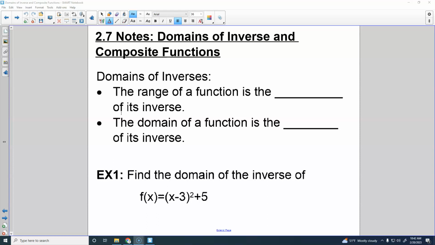So it makes sense that your domain and your range also just switch. The range of a function is the domain of its inverse, and the domain of a function is the range of its inverse.